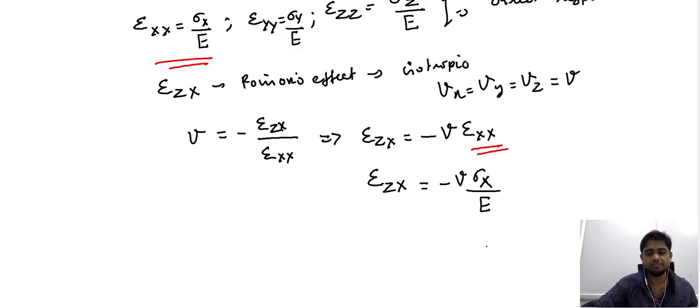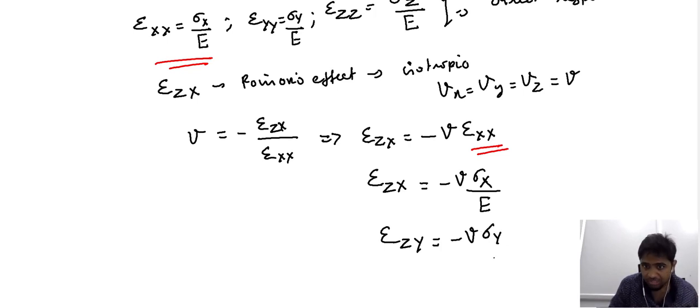So essentially we have now arrived at an expression for the indirect response, or the strain along the z-axis, that is brought about by the load along the x-axis. In the same way, another indirect response, the strain along the z-axis that is brought about by the stress along the y-axis, can be expressed as minus nu, the stress along the y-axis, divided by our Young's modulus.